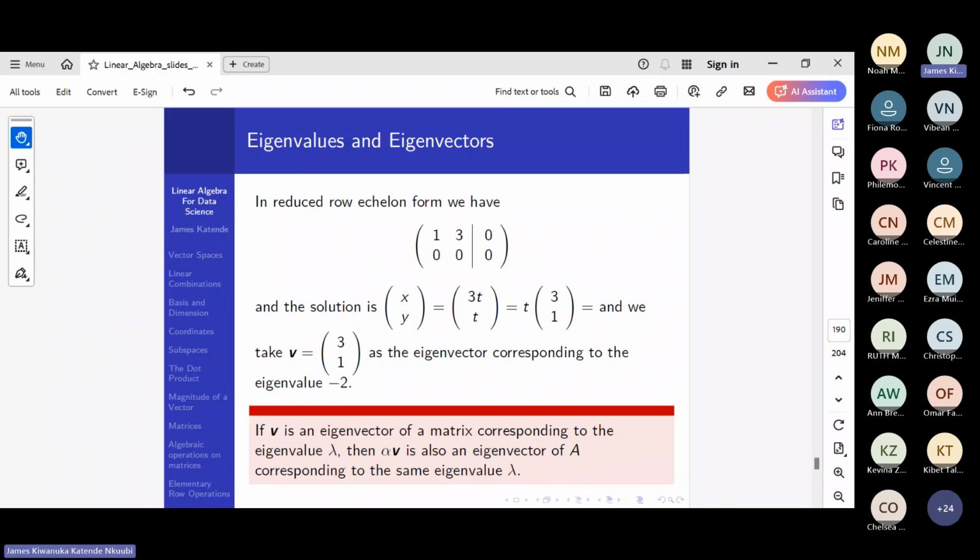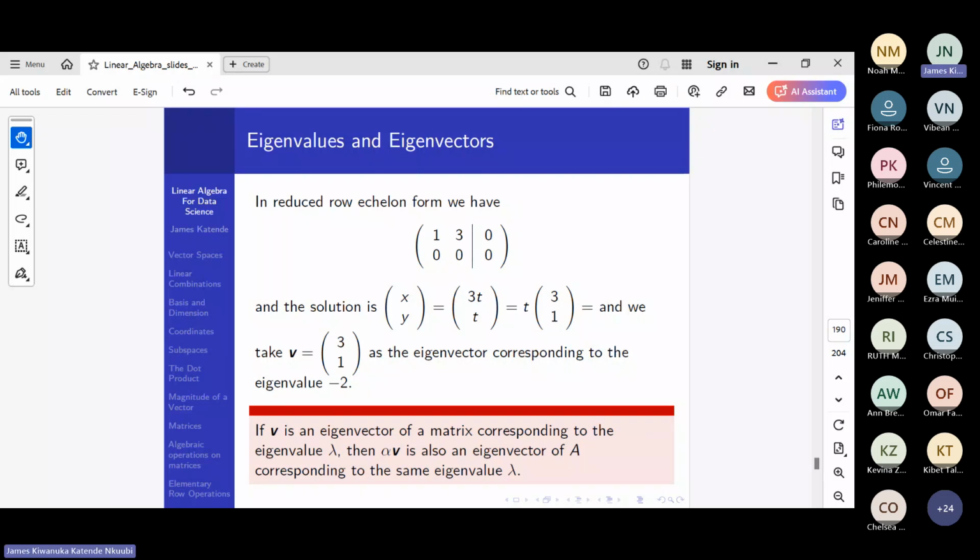So for a given eigenvalue, you can have several different eigenvectors that work. These multiples of 3, 1, any one of them will give us an eigenvector. So we fix t to be 1, and we're able to get an eigenvector that corresponds to the eigenvalue -2.